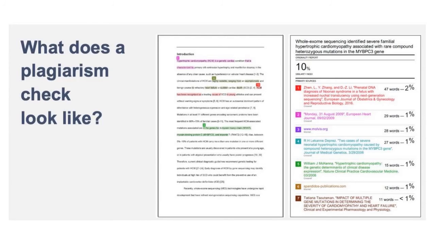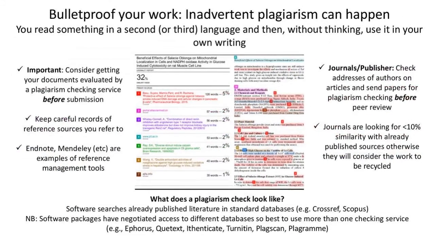So the text in this article is judged to be appropriately attributed, appropriately cited to the correct source. But in this case here, you can see an example, 32% similarity. The authors in this case have taken text from previously published articles and have not cited those articles appropriately. So this paper would get rejected before peer review by an academic journal.